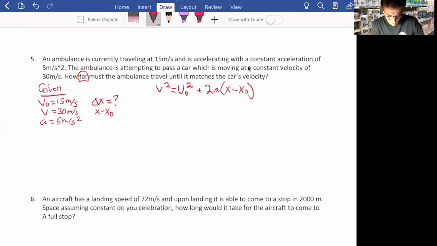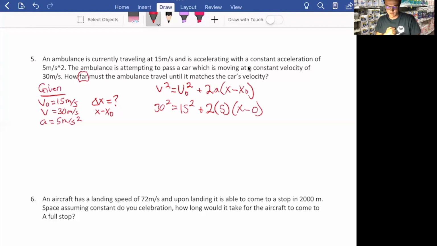And what do we want? Well, we want x. We want the displacement, or how far it went. So, plug and chug. 30 squared equals 15 squared plus 2 times 5 times x minus 0.